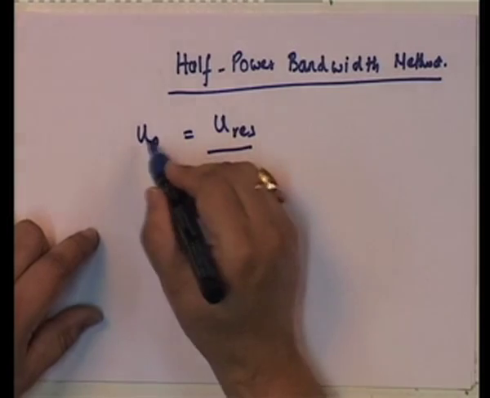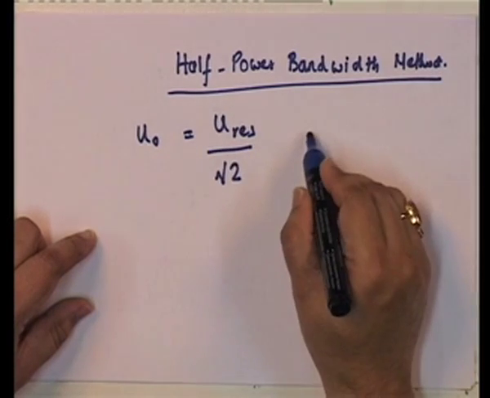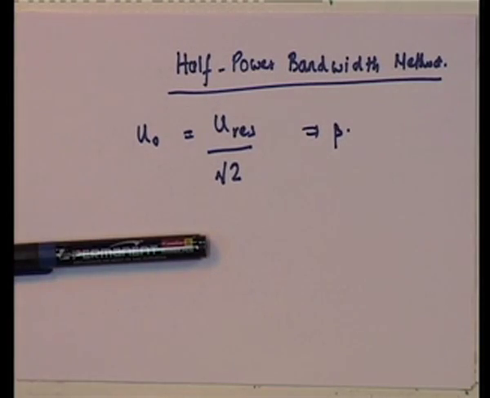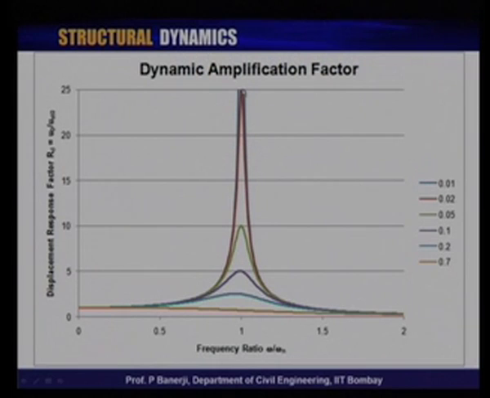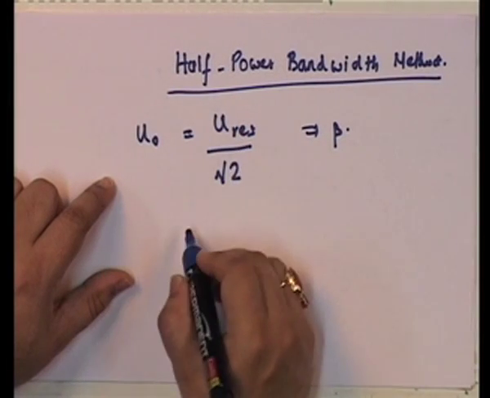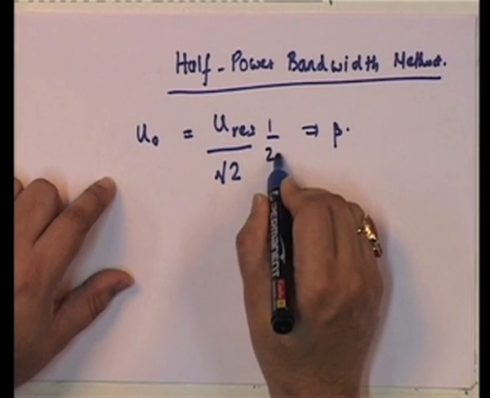So essentially I want to find out the beta at this value. Note, if you have 25, then 25 over root 2 would be approximately in this region, and you are able to generate this value. How do we get this value? Very easy: this is 1 upon root 2, the U_res is equal to 1 upon 2 xi.